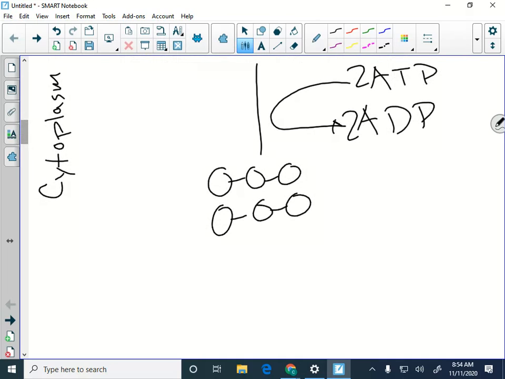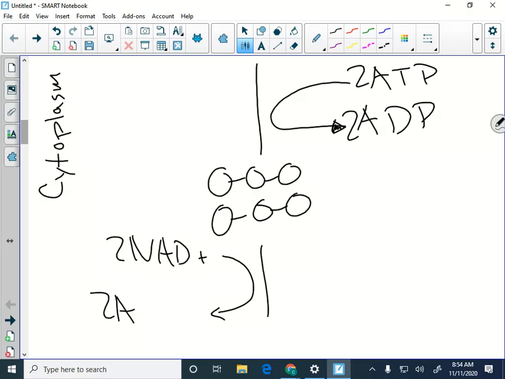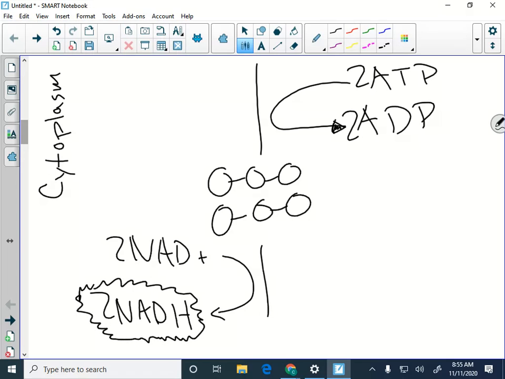Put a little arrow here so we know which way it's going. Then we're going to take some of those electrons. We're going to have 2 NAD pluses, and we're going to get out 2 NADHs. NADHs have energy because they have those electrons.